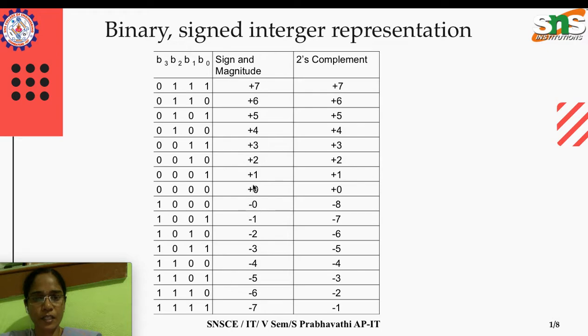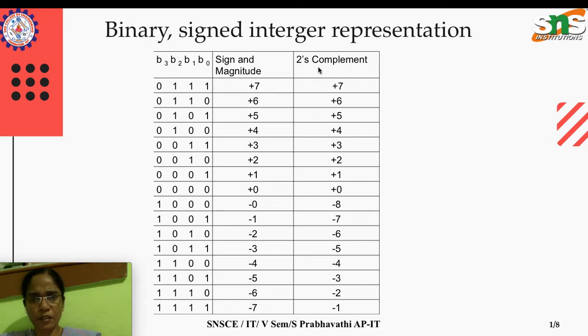See here, in sign magnitude we have both plus 0 and minus 0, which is of no use. That is why modern computers prefer the 2's complement implementation of signed numbers.